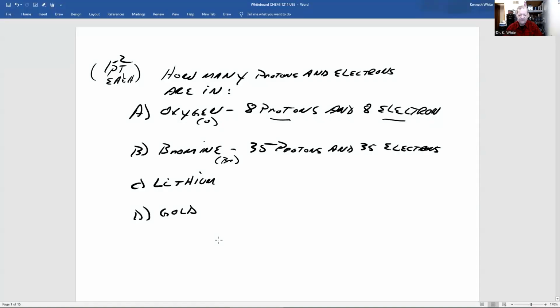You don't have to write it down, but I will. Lithium has 3 for atomic number, which means it has 3 protons and 3 electrons.